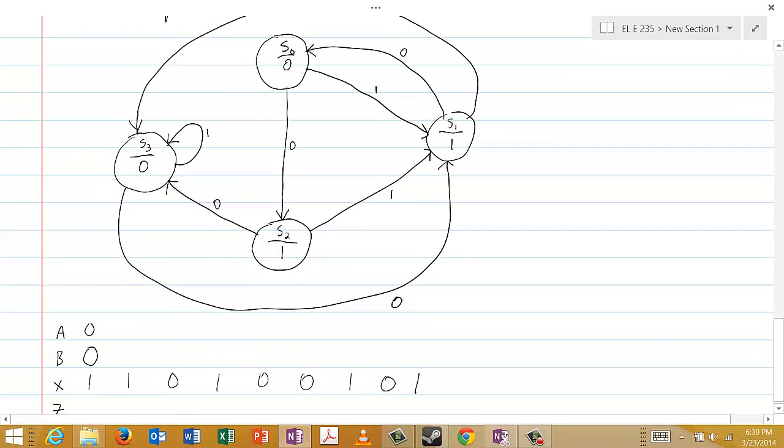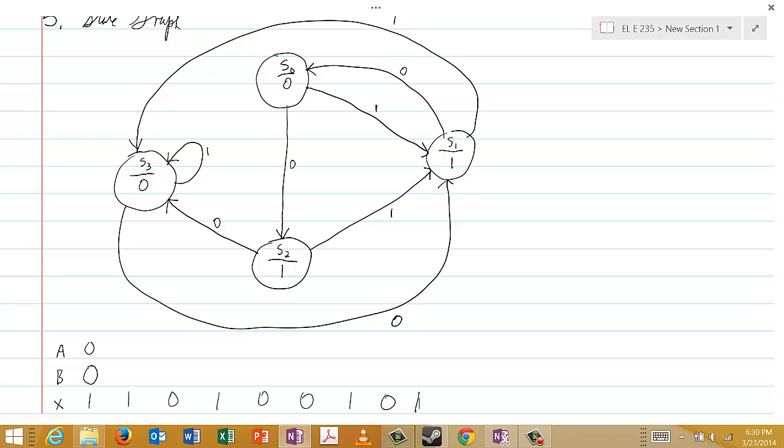And we want to know what the output sequence will be.